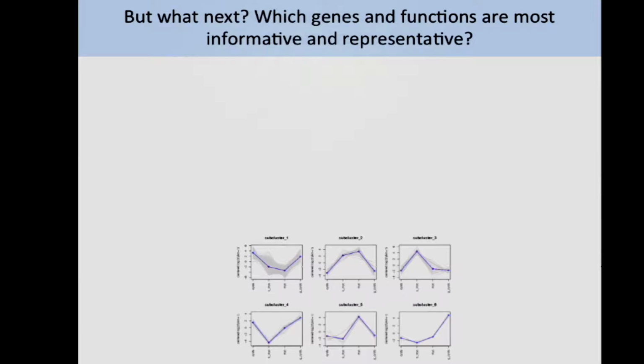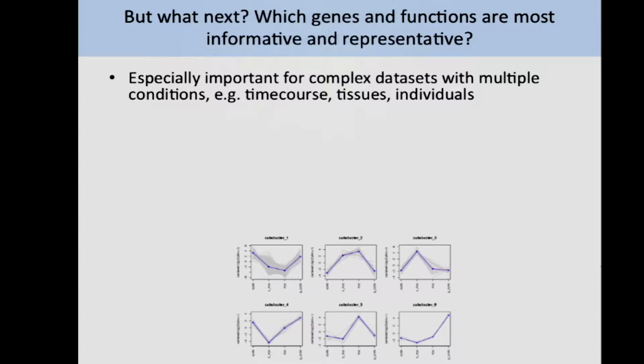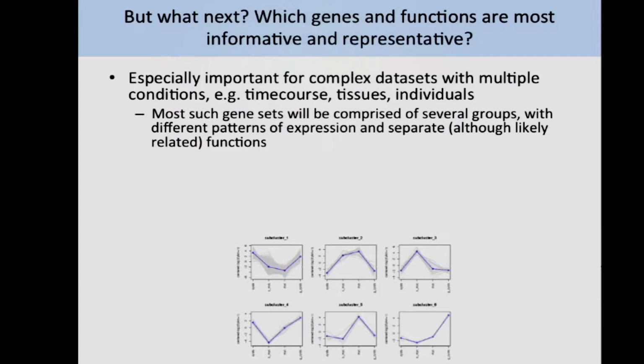But what next? Which genes are most informative and representative in your cluster? Especially for data sets with multiple different kinds of conditions and lots of different data points, you can use clustering algorithms that give you groups of genes that are moving together in your data set.